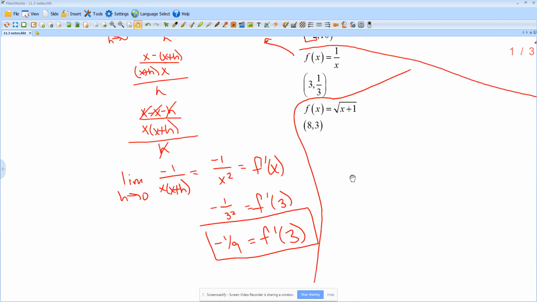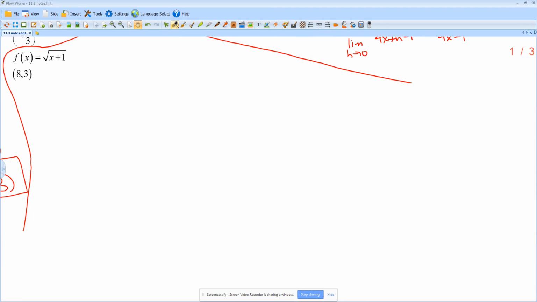All right, another example. Definitely a longer example. I want the limit as h approaches 0 of square root of (x plus h plus 1) minus square root of (x plus 1), over h. So again, we need some of our 11.2 skills here.